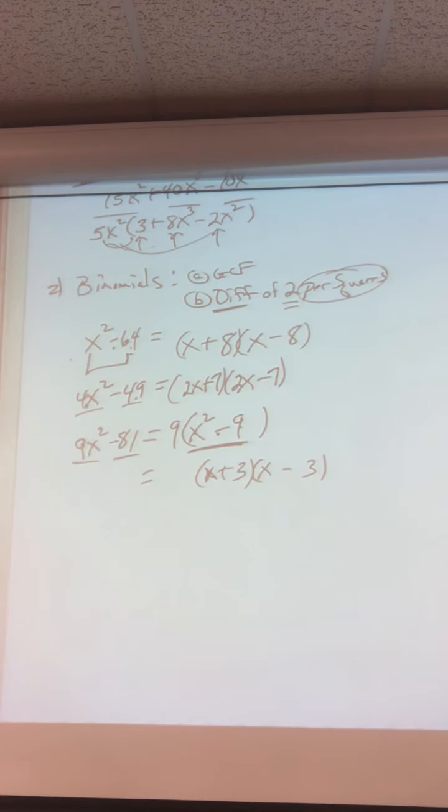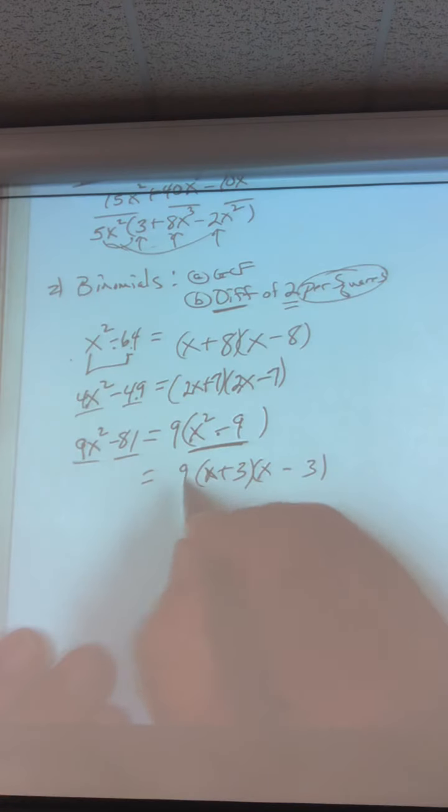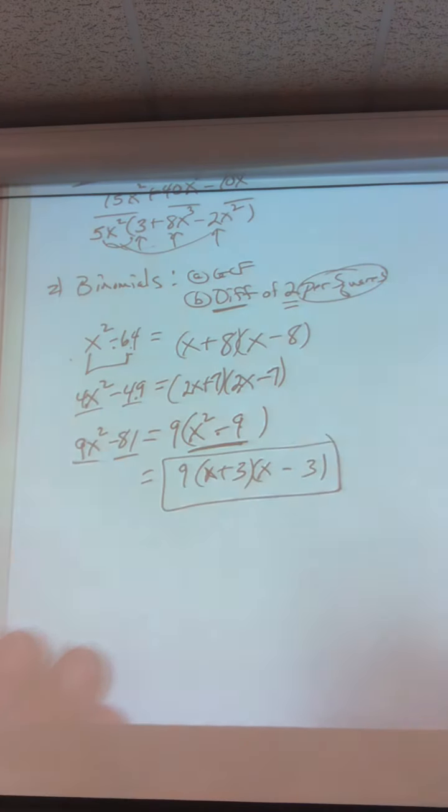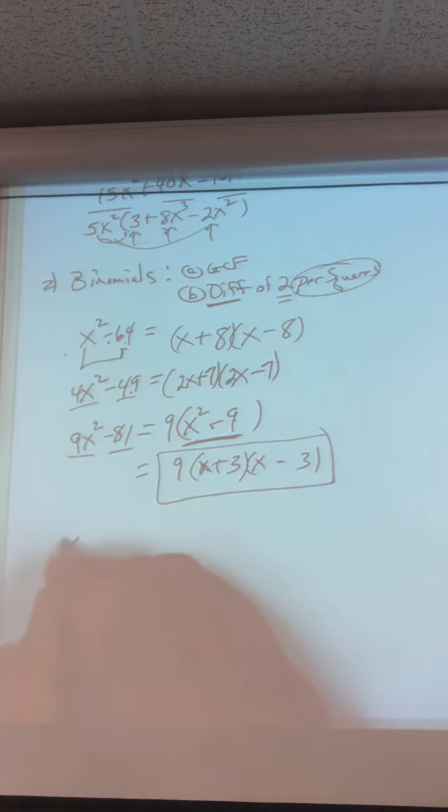But when you factor that, this 9 is just as much of the factoring process as the x plus 3 and x minus 3. So just because a problem has a GCF doesn't mean that it won't go on down and factor again.